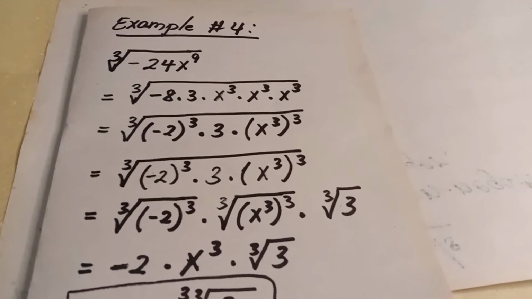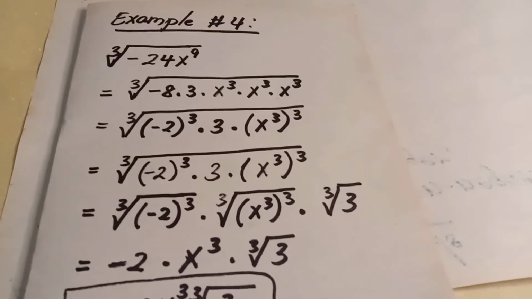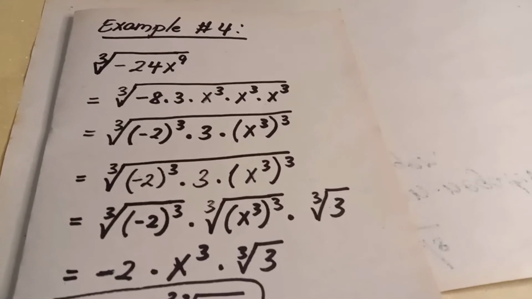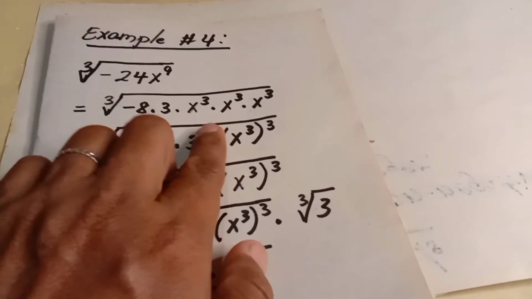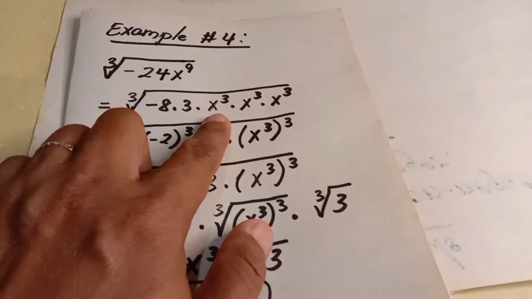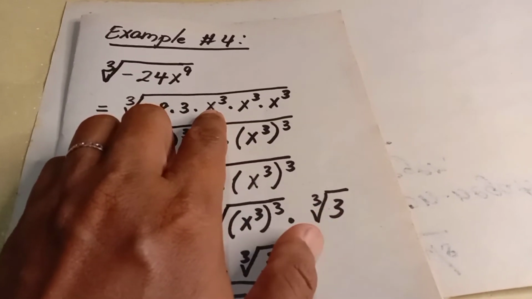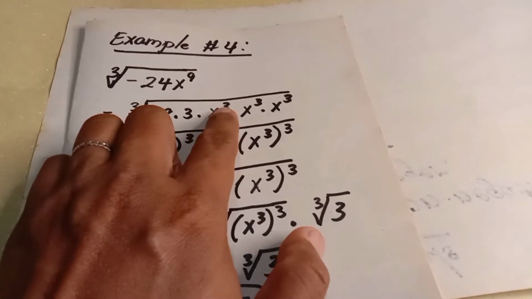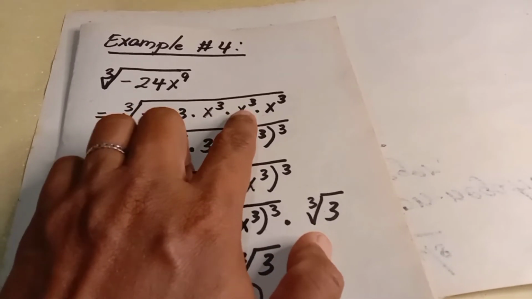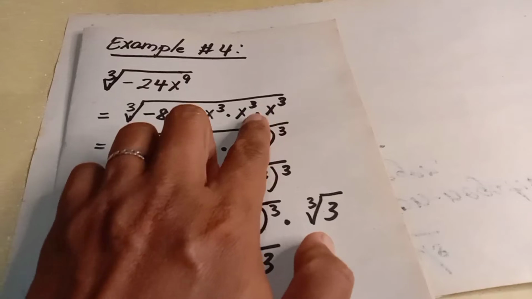Okay? And then, yung variable na x to the exponent 9, ini-expand po natin into 3 times. As you can see guys, in-expand ko po yung x to the exponent 9: x to the exponent 3 times x to the exponent 3 times x to the exponent 3.